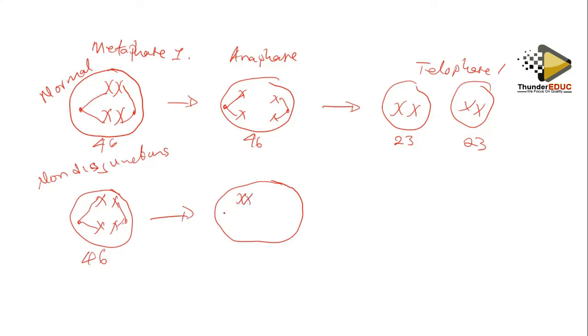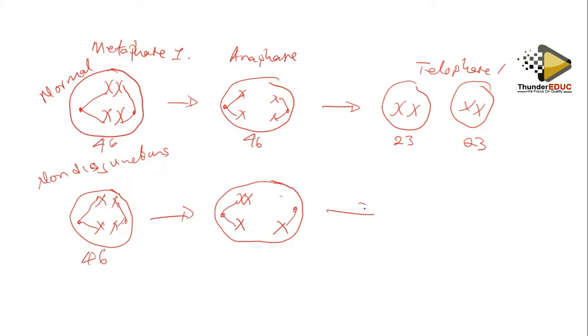The spindle fibers are going to fail to contract from the other side. It pulls this one, and also this one, but this one is going to go to one side.